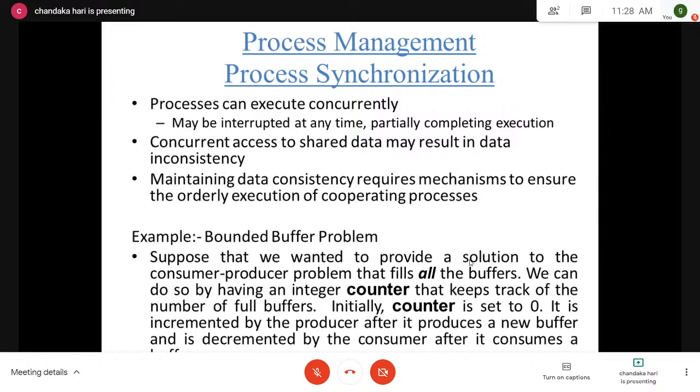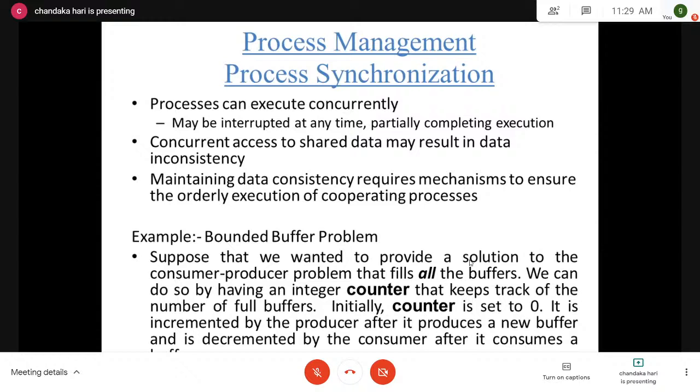Coming to the first one, independent. Two processes are said to be independent provided that while one is executing, it is not affected by any other processes. That implies there are no common resources shared between the processes.